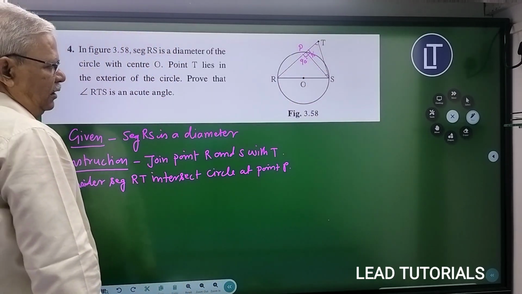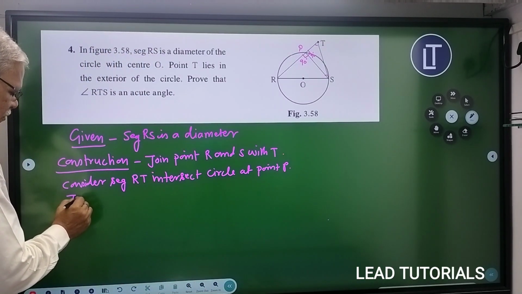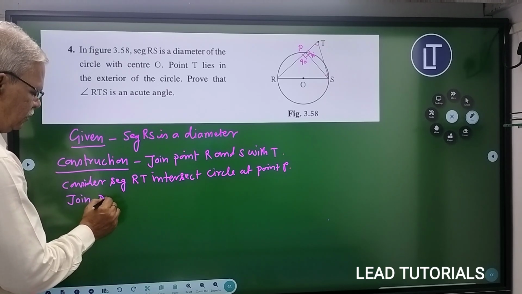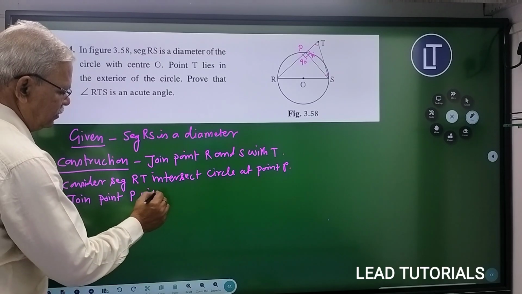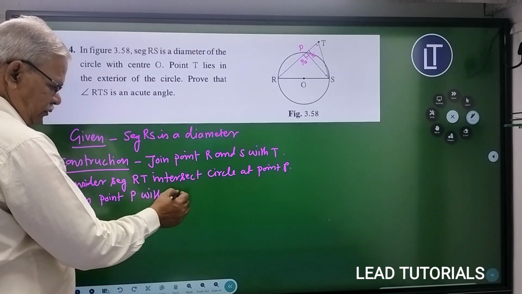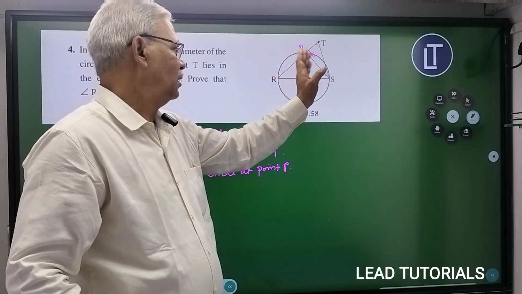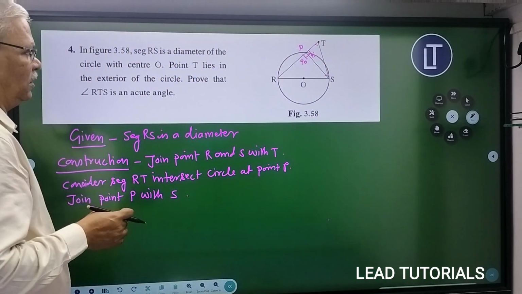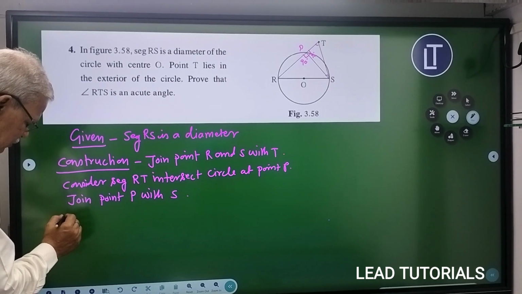Okay, and then after this join point P with S. This is the construction. I have done it. Okay, now after this the proof will be here.